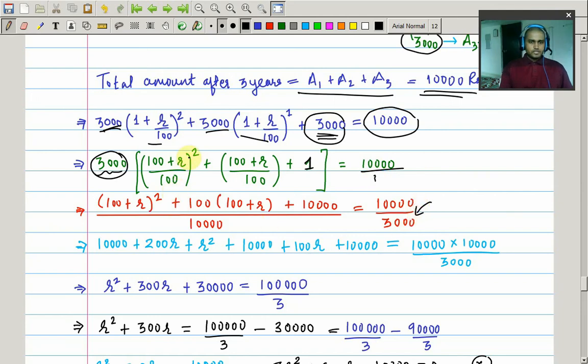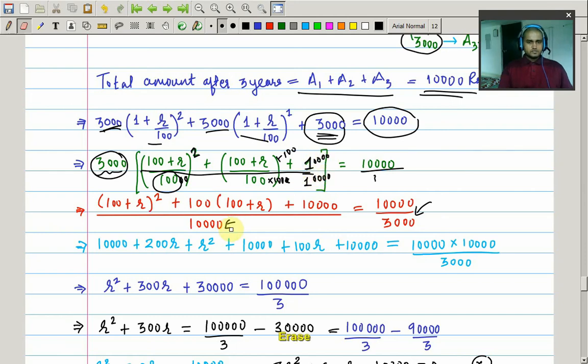Since this 100 is squared, it is 10,000. This is 100 upon 1. I have taken the LCM here, so the LCM will be 10,000. So I need to multiply this by 100, this by 100, and this by 10,000.